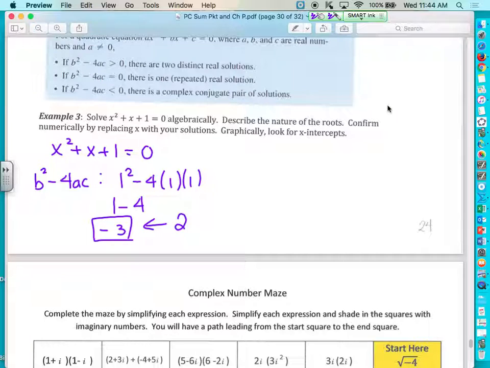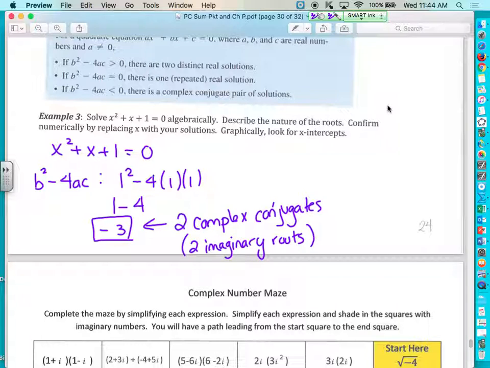So we would have 2 complex conjugates for roots. Or before we were saying just 2 imaginary, and that's fine. This is a little more descriptive. And then it says let's find the actual solution set.